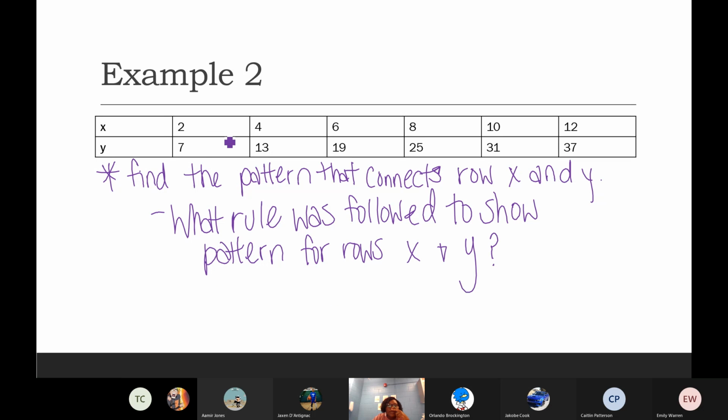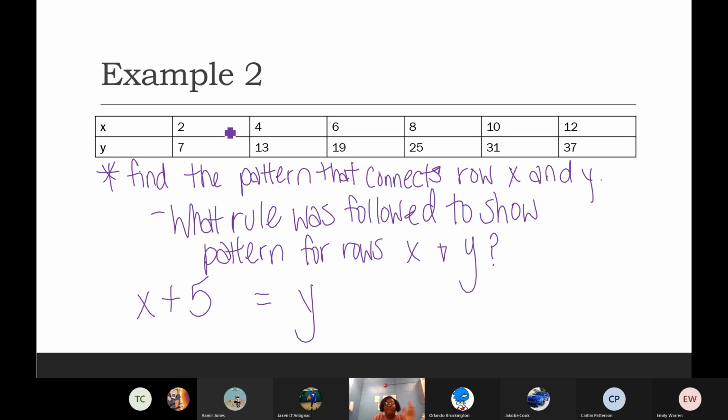So what we want to look at here is 2 to 7, we're seeing an increase. So we know here that we will be adding and or multiplying. We could be doing both of them. So when we're looking here at this example, we want to find out what I'm doing with X that will get to Y. Okay, so let's look at our first of what we could be doing. Could we just be adding 5? Could I do X plus 5?